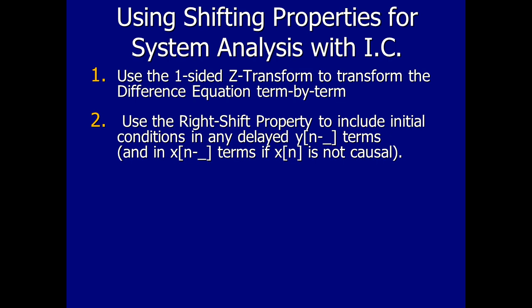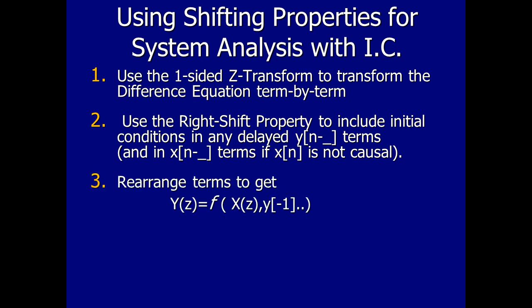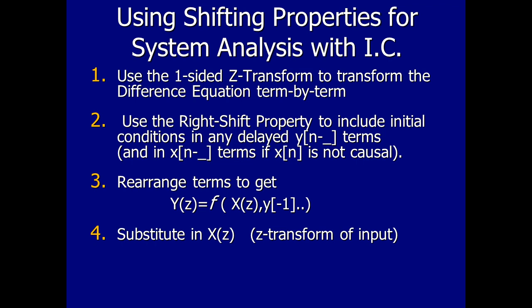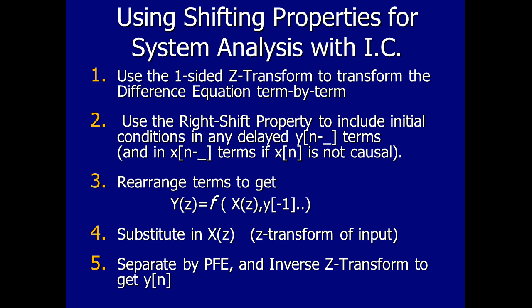So we're going to use that right shift property. Then we're just going to rearrange the terms just like we did before, but now they're going to include those initial condition pieces. We'll substitute in the real x of z and the real initial conditions, and then take that mess and partial fraction expand back to the time domain.